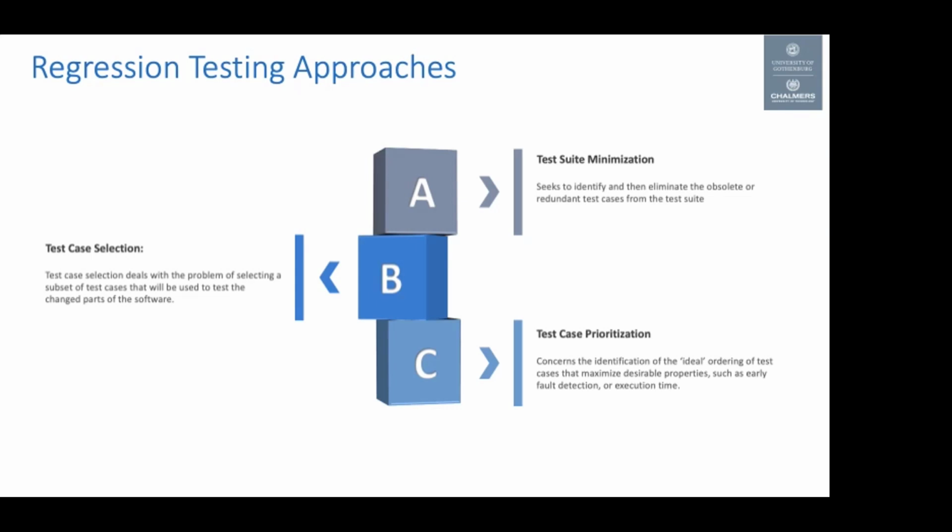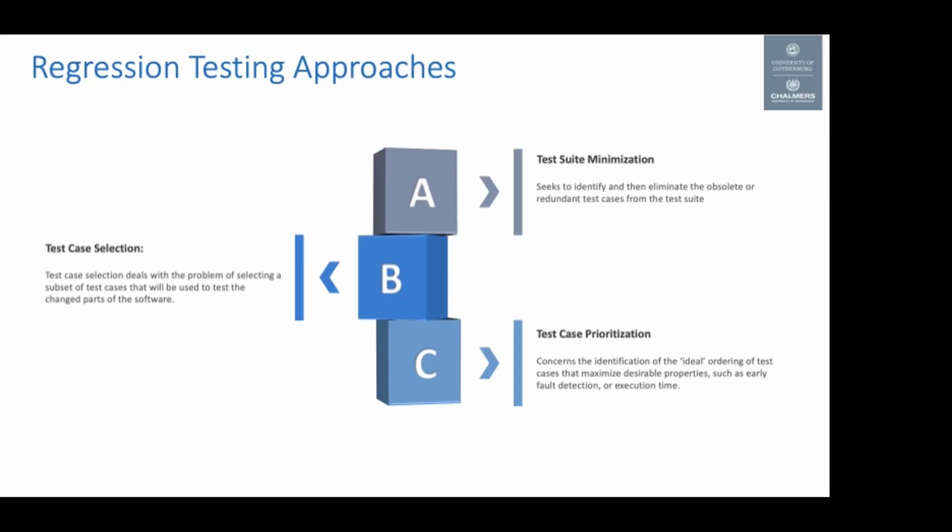And test case prioritization approaches seek to find the optimal permutation, or the order of the sequence, of test cases in which they should be executed given a predefined criterion. An example of a criterion could be the execution time of tests taken.